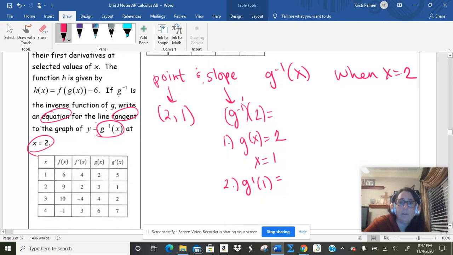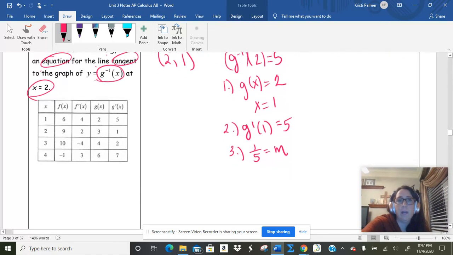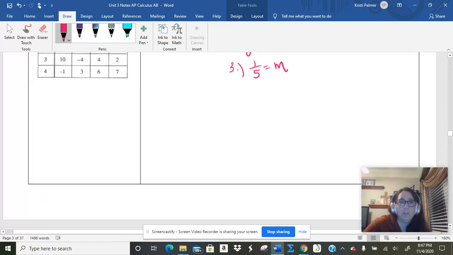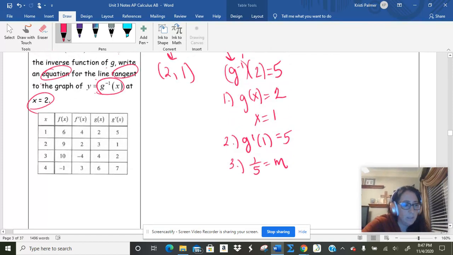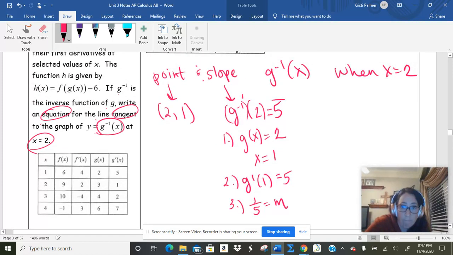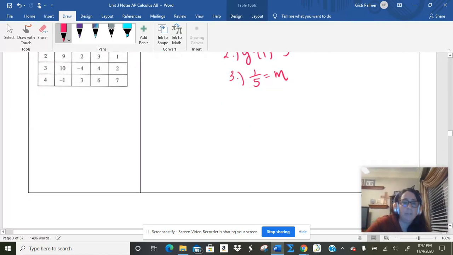That is 5. Step 3, take your answer and do 1 divided by that. There's my slope. So this derivative of the inverse evaluated at 2 is 1/5. So now we can do our point, which is 1, 2, and our point slope.